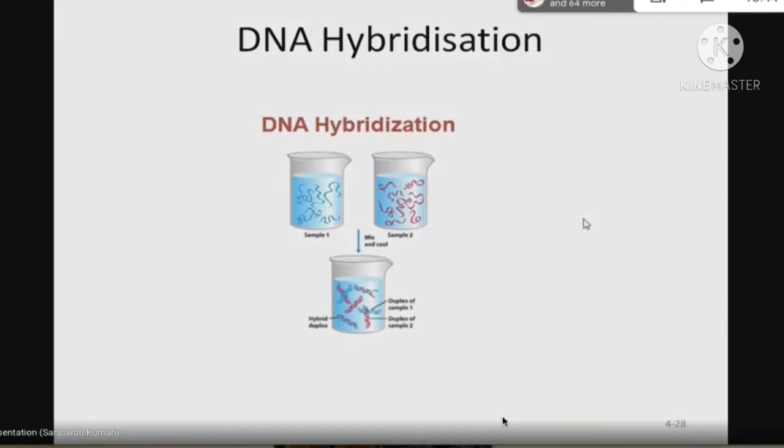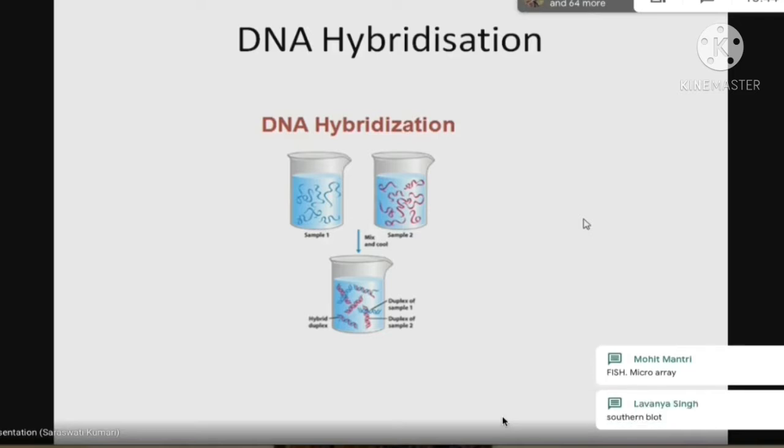What are the hybridization based techniques we use in molecular biology? Can you write? DNA hybridization based techniques, what are those techniques we have studied in MSc or BSc? Please write. Microarray, right?